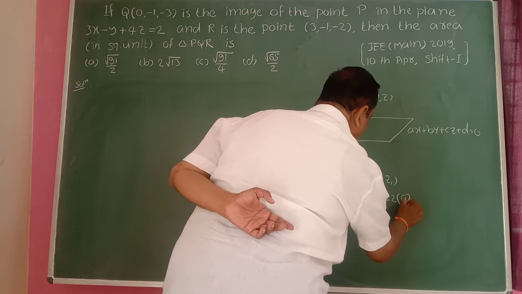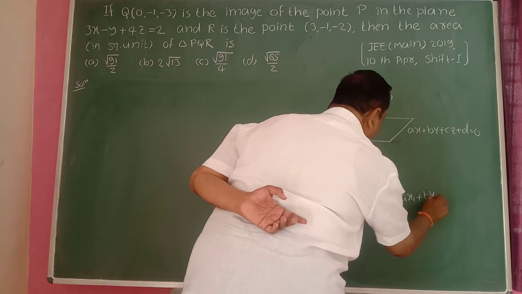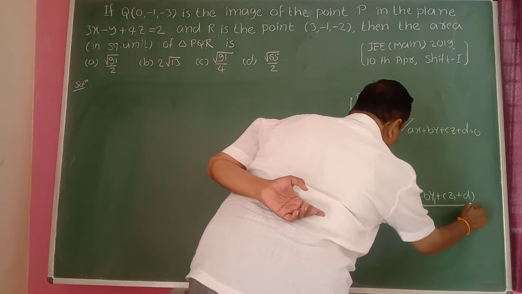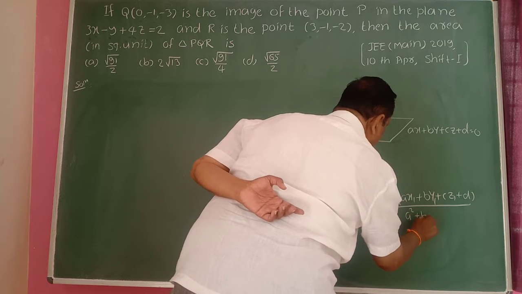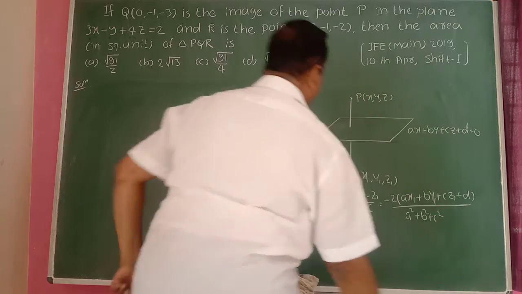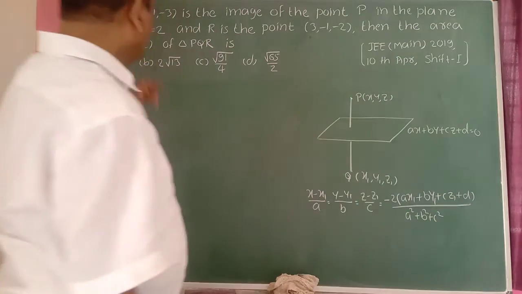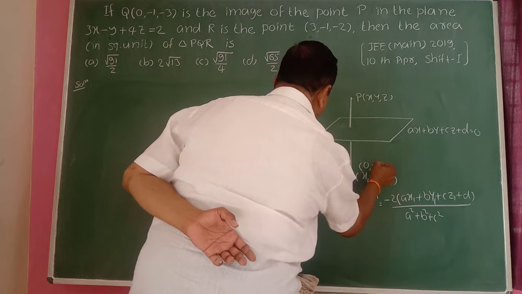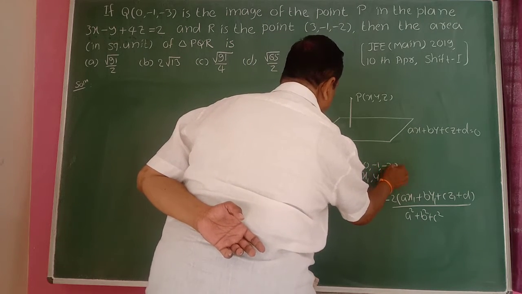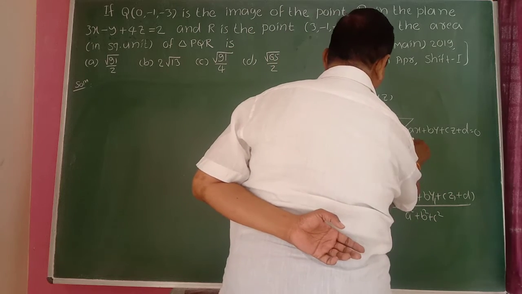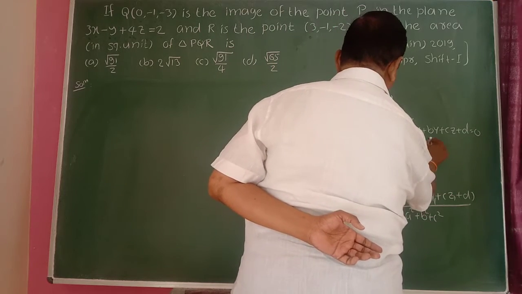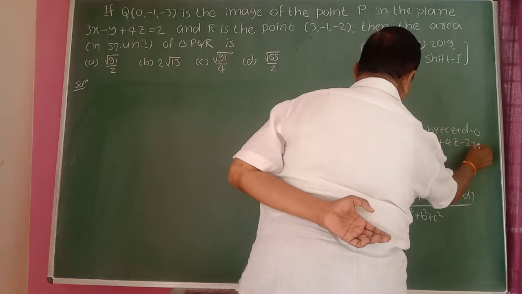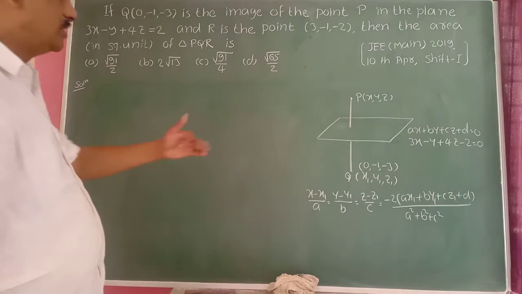In this example, the coordinates of a point are given as (0, -1, -3). The equation of the plane is 3x - y + 4z - 2 = 0. So use that.